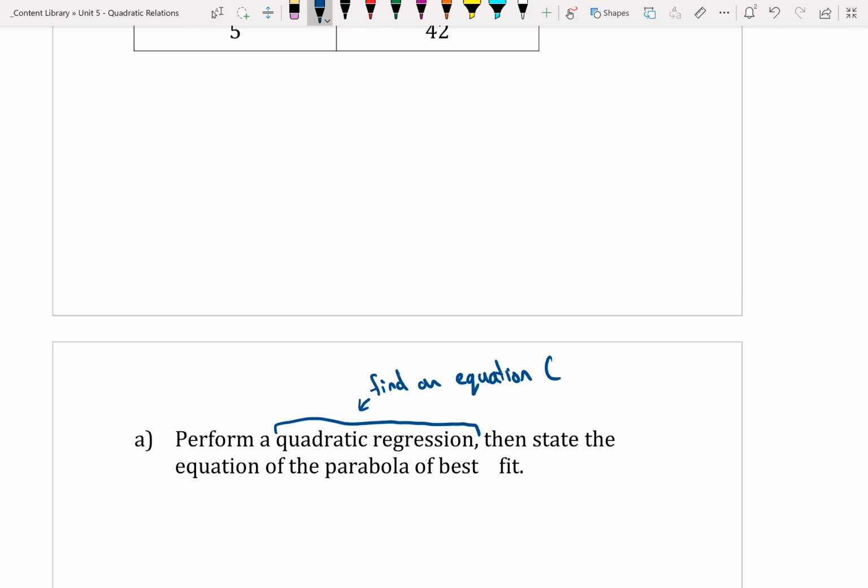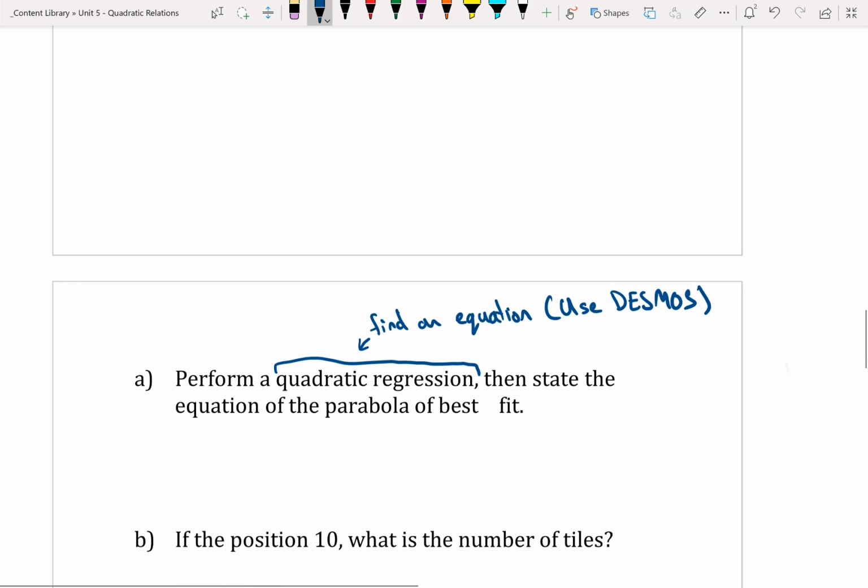And we're going to use Desmos to help us do this. So I'm going to open up a Desmos window in a second, but just for those that may not have it, you can download Desmos or open the app. You can use it on your phone, or you can just go to the website.